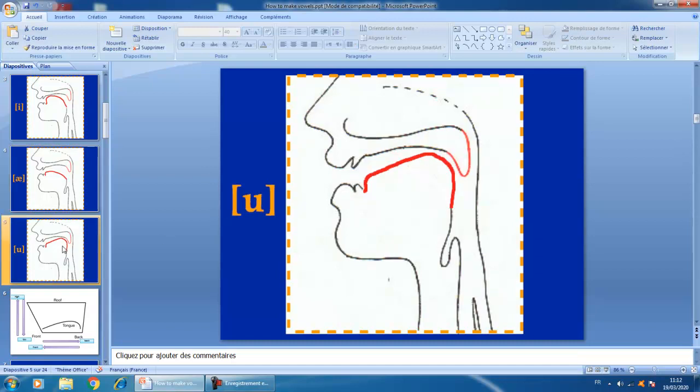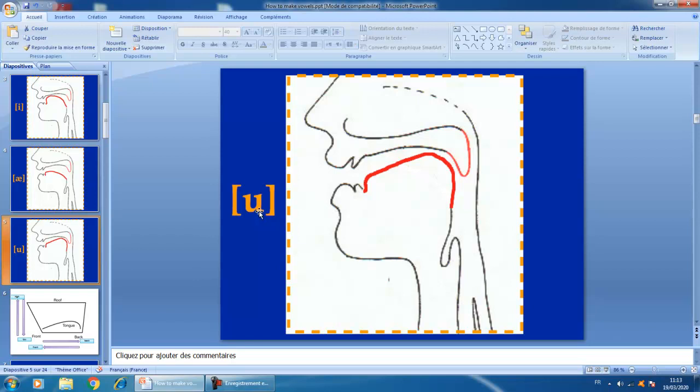Okay. Now let's have a look at another kind of vowel, U. If you produce U in the right way, you're going to notice that it's the back of your tongue which is involved, which is raised. To see this clearly, try to produce E and immediately after it produce U. E, U, E, U. So you notice that for the production of U, it's the back of your tongue which is raised.